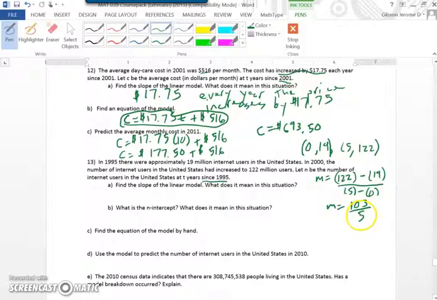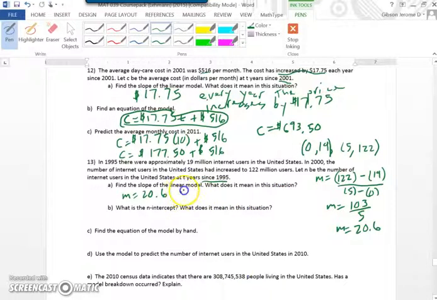Now we can change this to a decimal because this isn't going to look right with the 103 over 5 for this type of situation. So we would take this. This would give us 20.6. So your slope here would be 20.6. So it says, what is the slope? The slope is 20.6. It says, what does it mean in this situation?